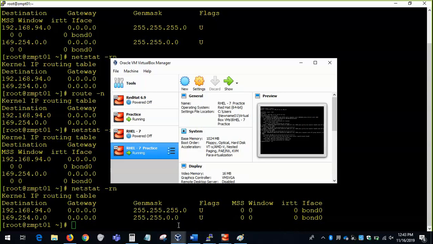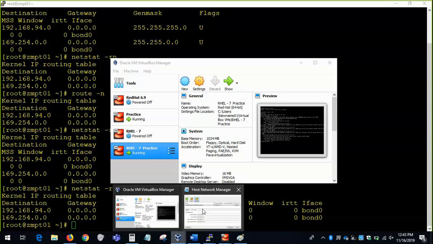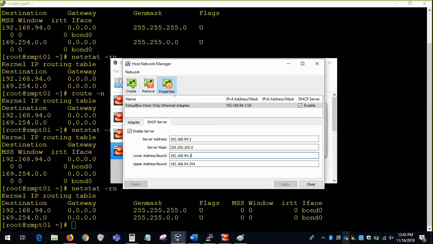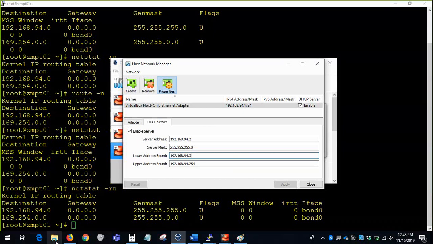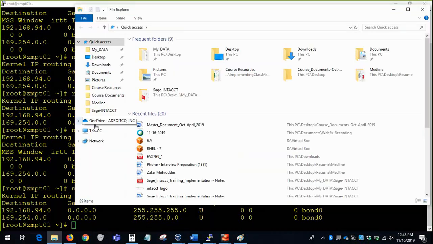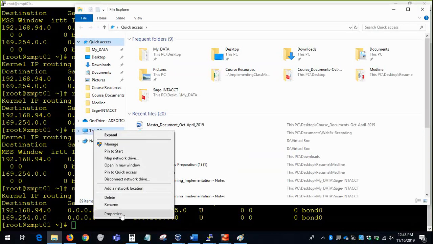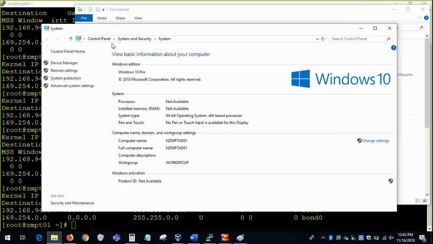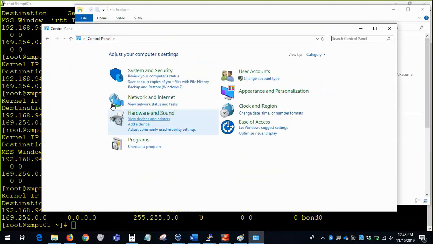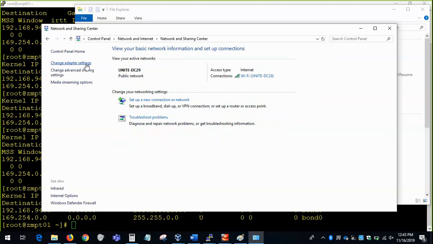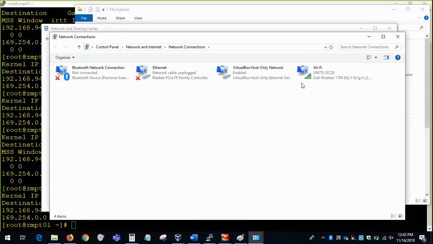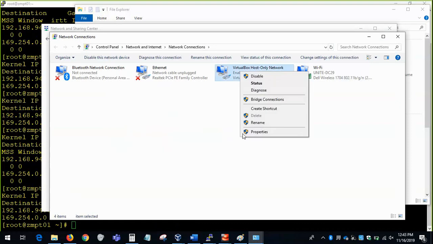Okay, hold on. The way VirtualBox is set up, you may not be doing it right, because VirtualBox is dependent on this host here. So let me go into your network tab, adapter settings, and VirtualBox.